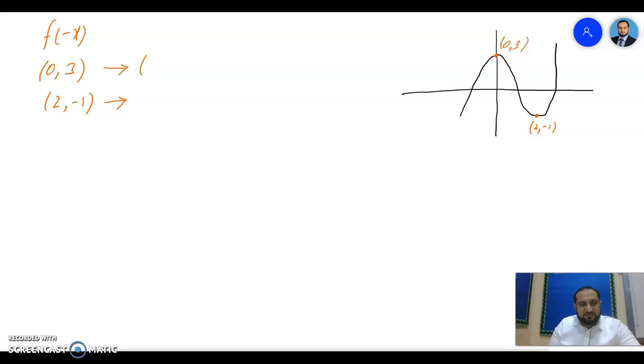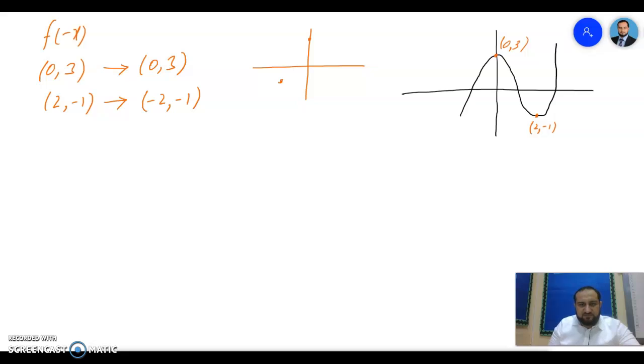This is 0, so 0 will stay as it is, so this will be (0, 3), and then this will be (-2, -1). So if we want to reflect this shape, (0, 3) is still the same, but (2, -1) will become (-2, -1).